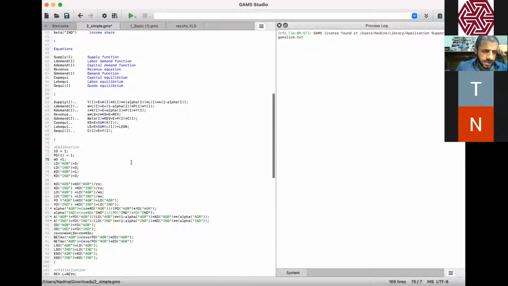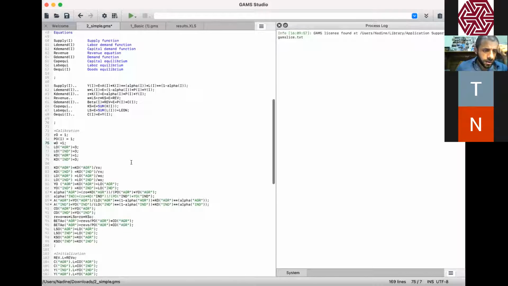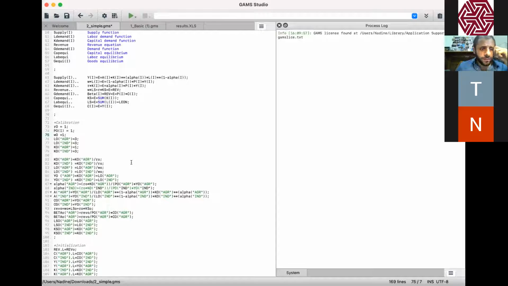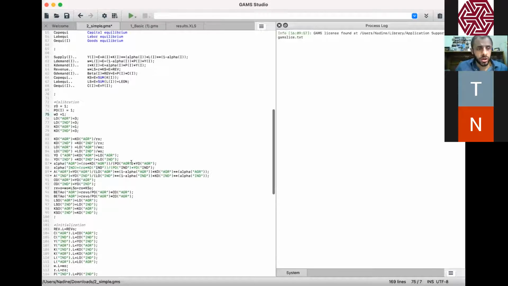Then again, the same comment, when we calculate the volumes, we don't need to calculate this for each and every sector, because when you will be working on a real matrix, you will have 16 sectors or 60 sectors or perhaps 120 sectors, and in this case, you will not write 120 equations.